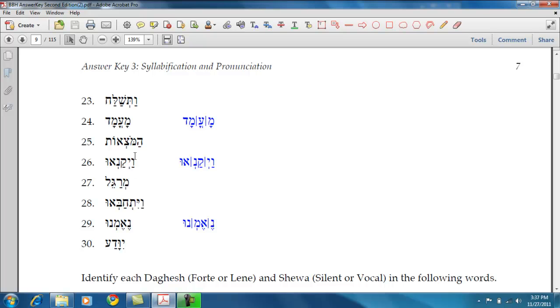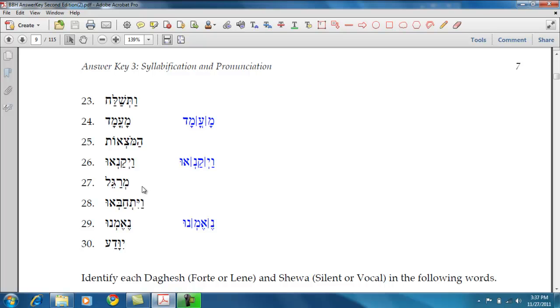It's following a short vowel, so it's closing the syllable off. Then you have kof, patach, nun, and shva. This is a non-vocal shva because this is following a short vowel, patach also. Then your third syllable would be u, the aleph and the shuruk. So we got vai, kan, u.